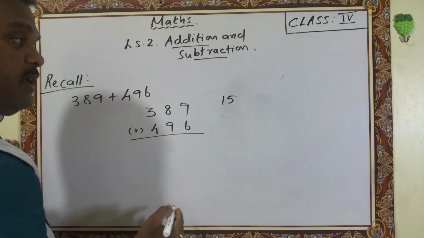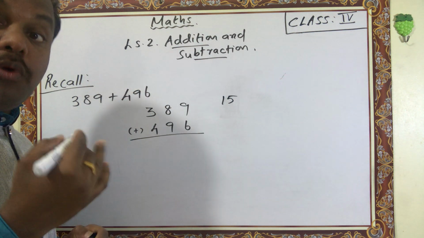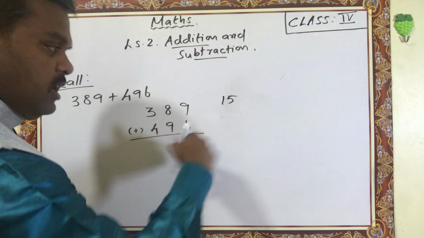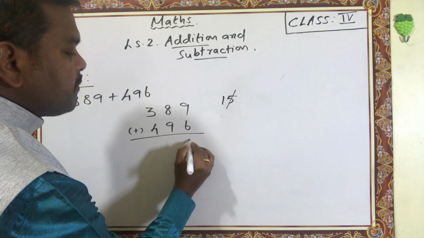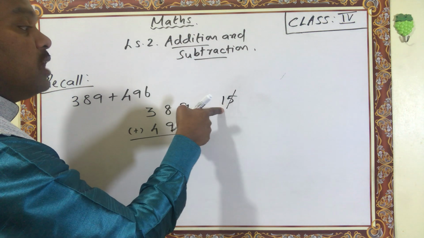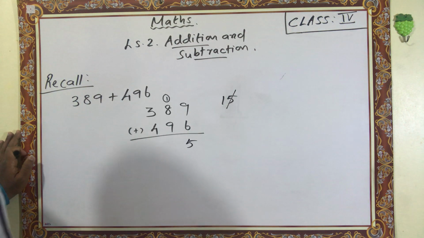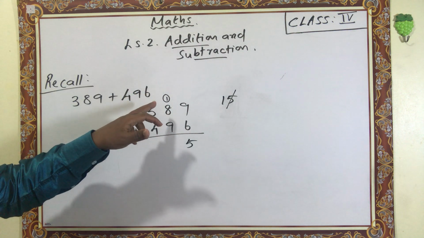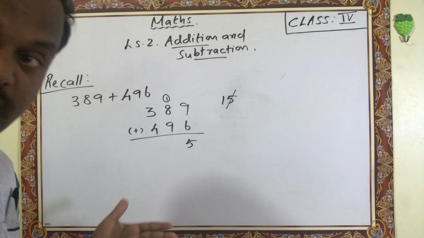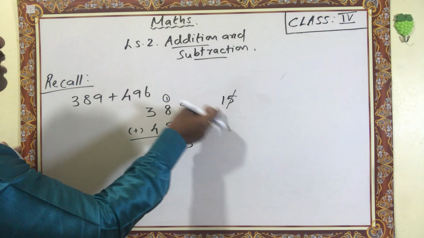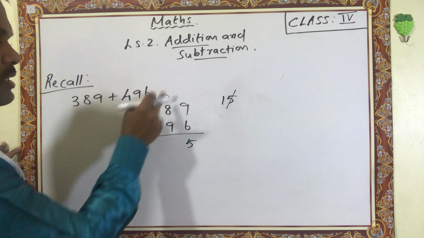Write 15 on the right side to avoid mistakes. Cut 5, balance 1. This one you have to write here and circle it. Otherwise, when you are checking the answer, you will get confused. That's why whatever you are carrying, you have to circle.